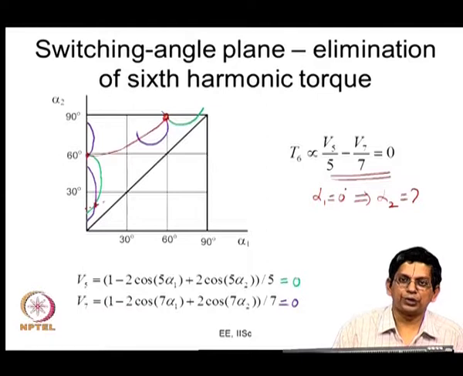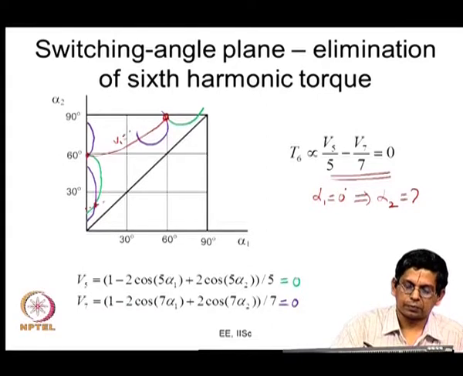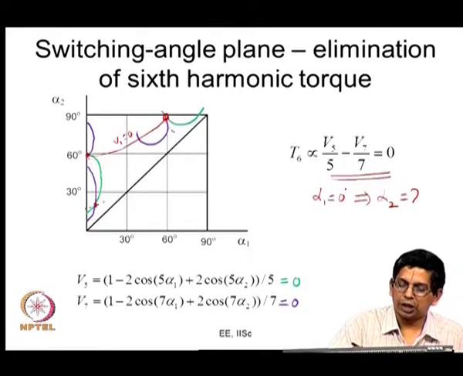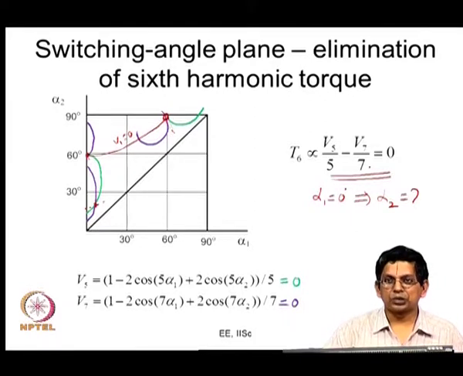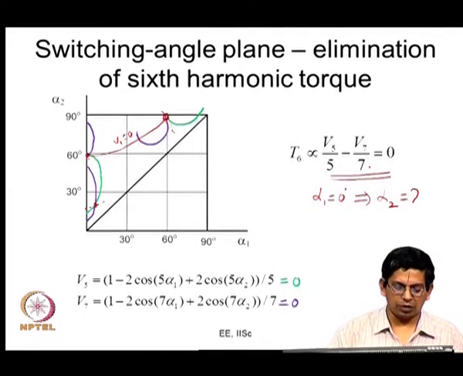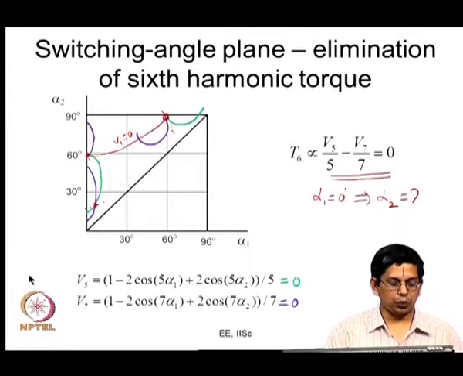You have these points, but you will also get some points in the neighborhood, which satisfy this V5 by 5 minus V7 by 7. I would certainly encourage you to solve this and try. So, these are all some points where you get. You get some feel for what can be done and how things can be done and so forth. So, this is about how you can eliminate that.